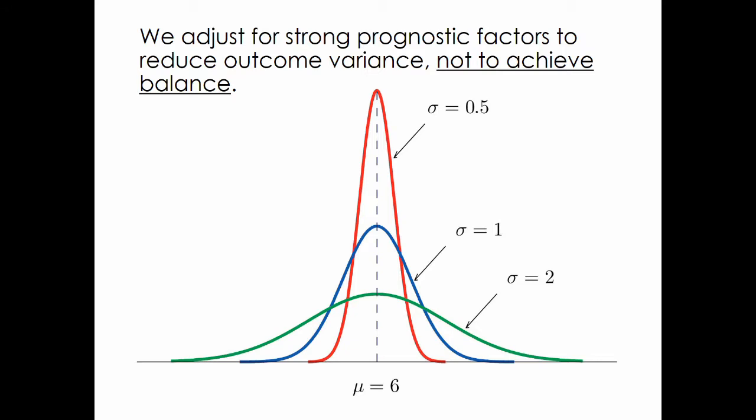So if our outcome is blood pressure or forced expiratory volume or whatever it is, that will have predictors that help explain why some people have a high value and why other people have a low value. And we can use statistical models, which we'll see in the next module, but we touched on it a little bit in the last one. We can use statistical models to adjust for those things.